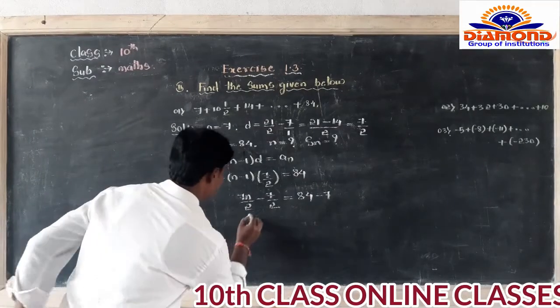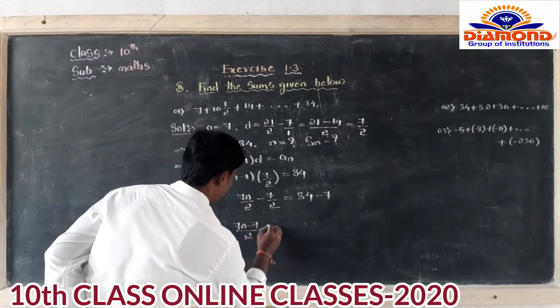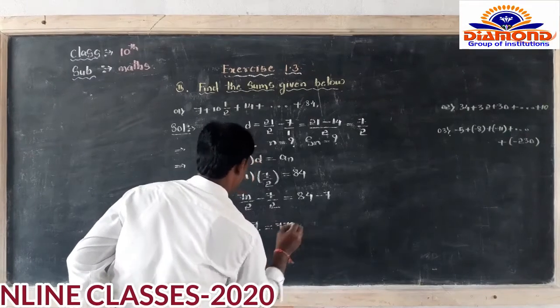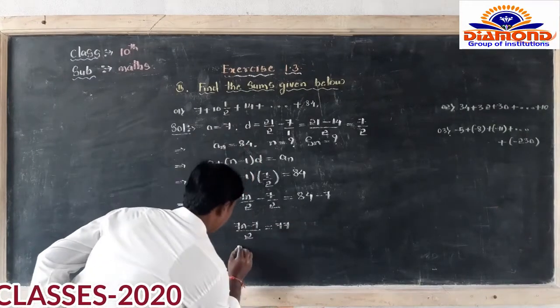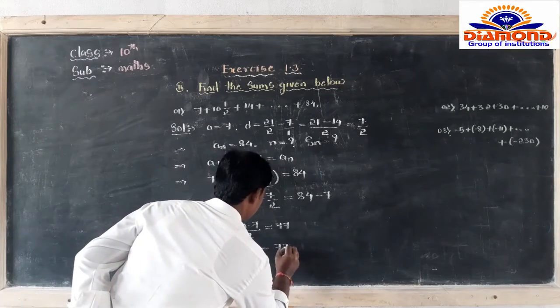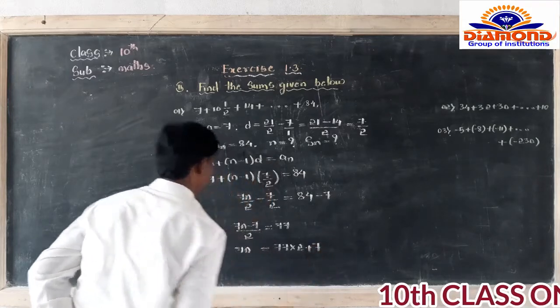Now here, dear students, this is 7n minus 7 by 2, same. It becomes 77, and the next step 7n is equal to 77 into 2 plus 7.